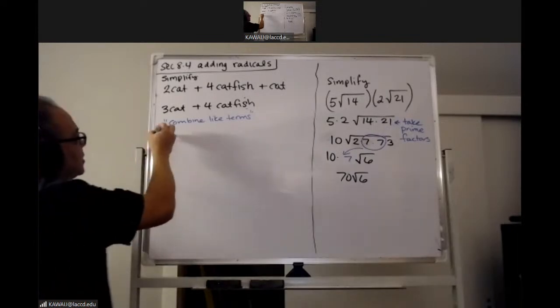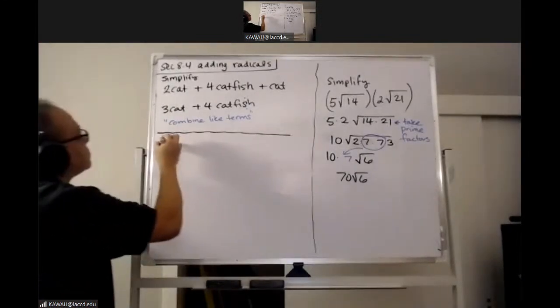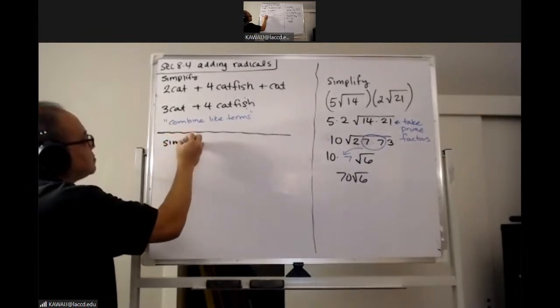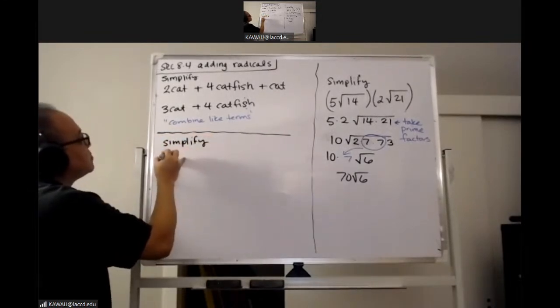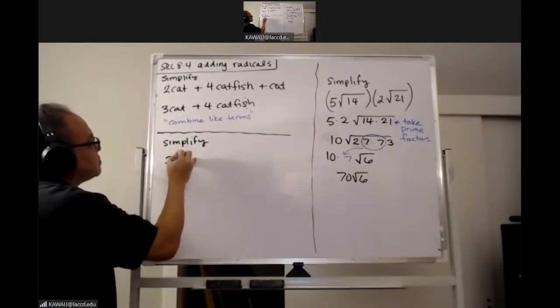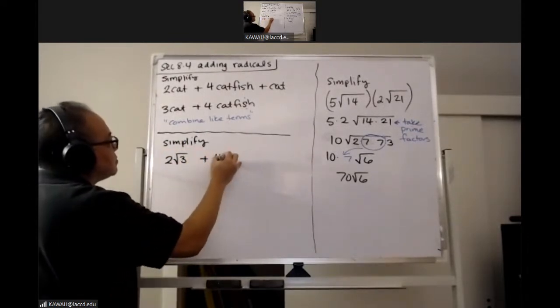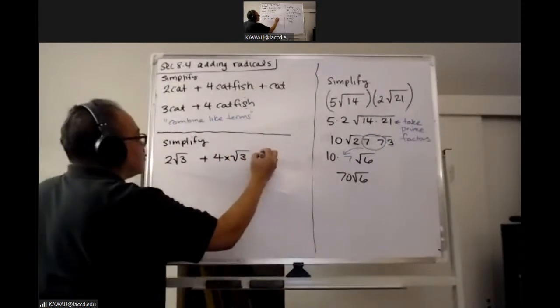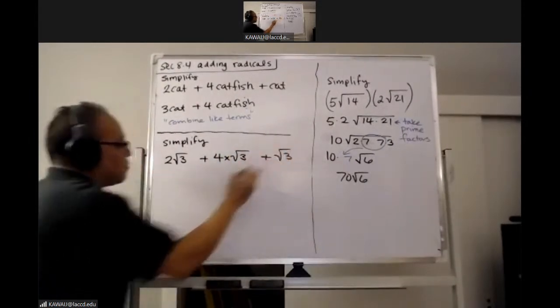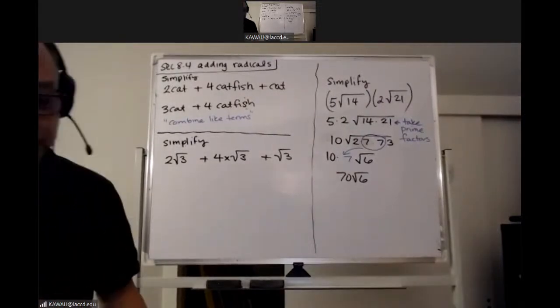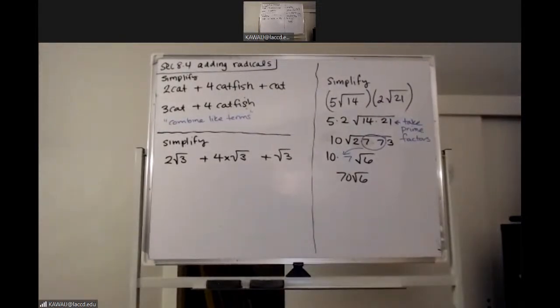Now, let's say I give you something like this. You can only combine the things that look exactly alike.